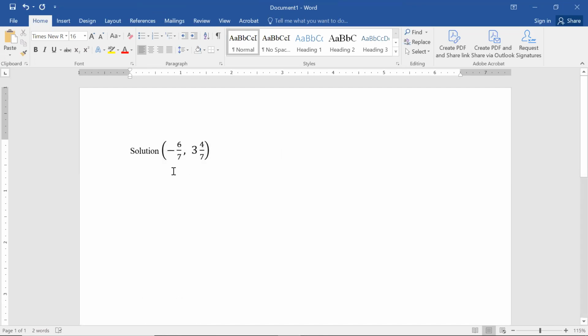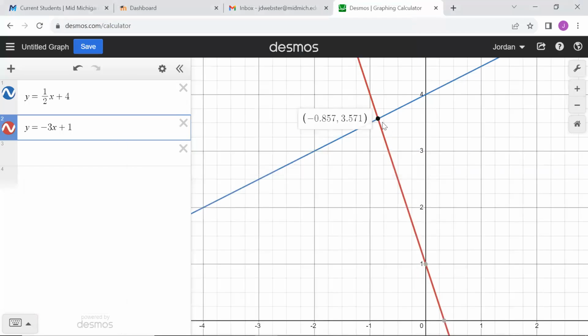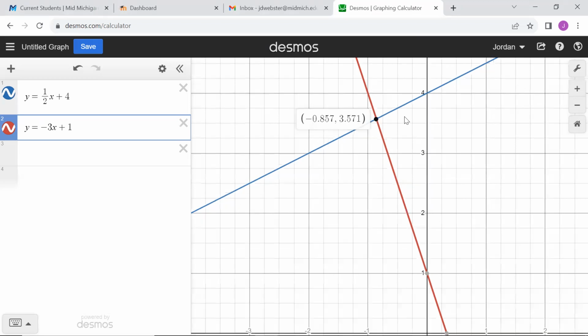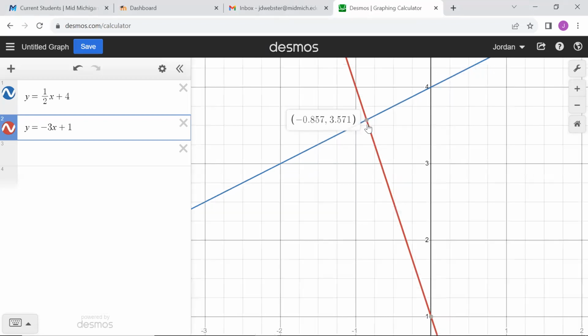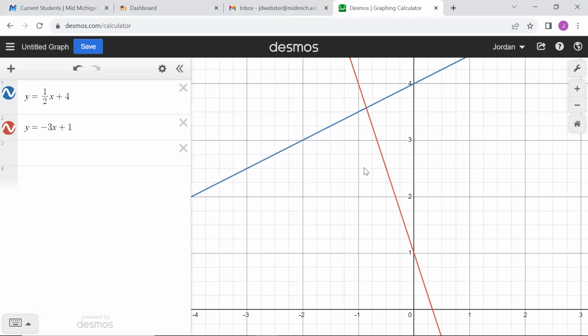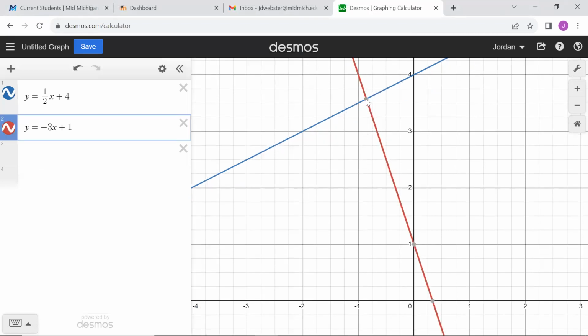Sometimes our solution is not very easily seen, even with technology. Even with technology, it was really hard to figure out that this was -6/7 and this was 3 and 4/7. So again, that highlights the difficulty around finding the point when you're graphing. Okay, so this graphing method has that as one of its drawbacks.